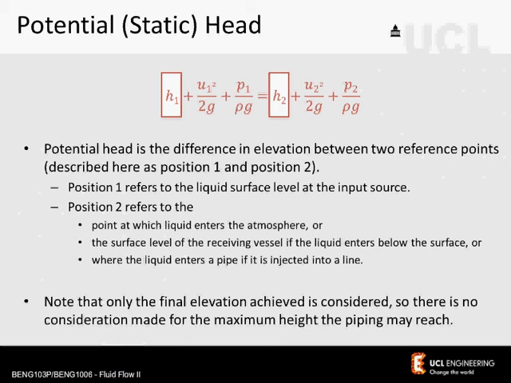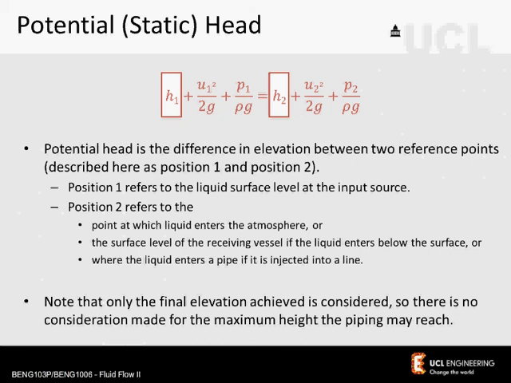So position 1 in that case would be the liquid surface level of the vessel, and position 2 would be the end of the pipe, basically, so the point at which the liquid would enter the atmosphere, the point at which it would enter another pipe if it's injected into another line which we're not considering, or the surface level of the receiving vessel if the liquid is entering the vessel below the liquid surface.